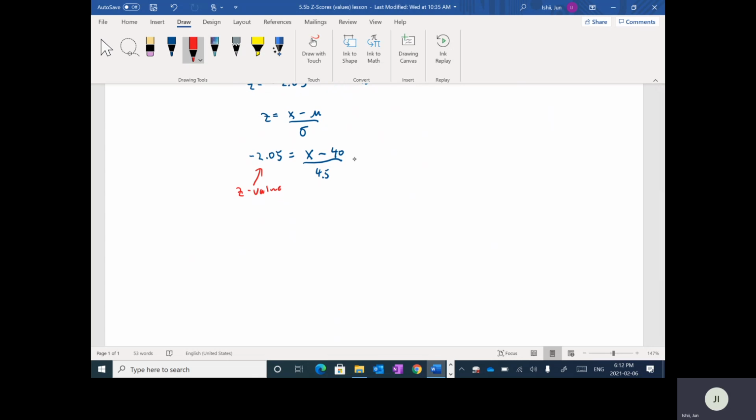So I want to isolate x. I'm going to multiply both sides by 4.5. So then on the right-hand side, the 4.5s cancel, and we get x minus 40 is equal to, and let's just pull up the calculator here.